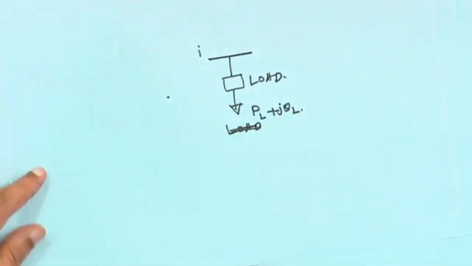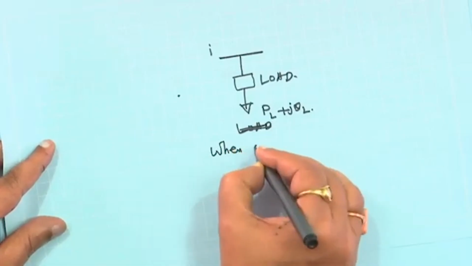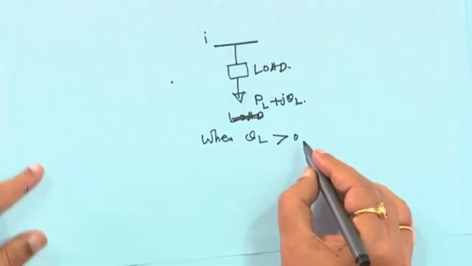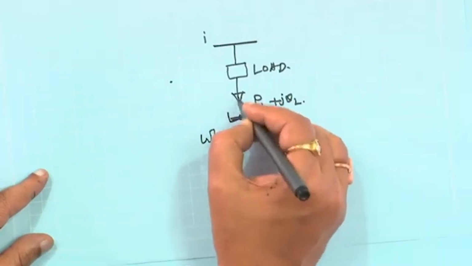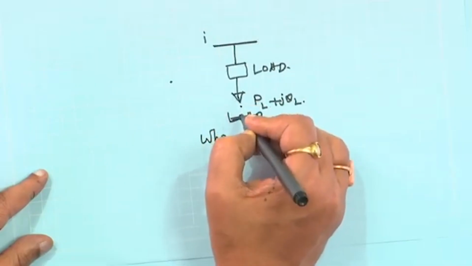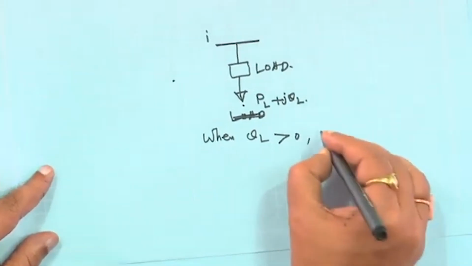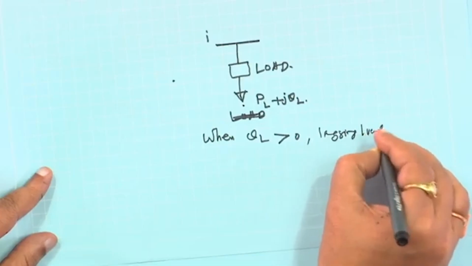When QL is greater than 0, I mean QL is positive, the load is absorbing power, the arrow direction is downward, meaning the load is absorbing power. So, when QL is greater than 0, it is actually a lagging load, right.